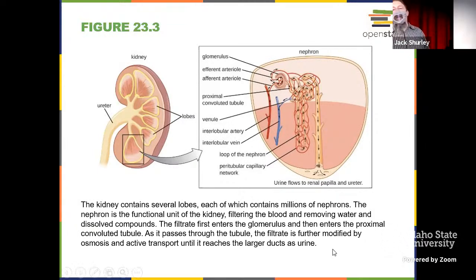All right, so we move through here, through the loop of Henle, back up, and then ultimately urine is what's flowing through to the renal papilla, ultimately to the ureters, which we see right here, going down into the bladder, and then out through the urethra.